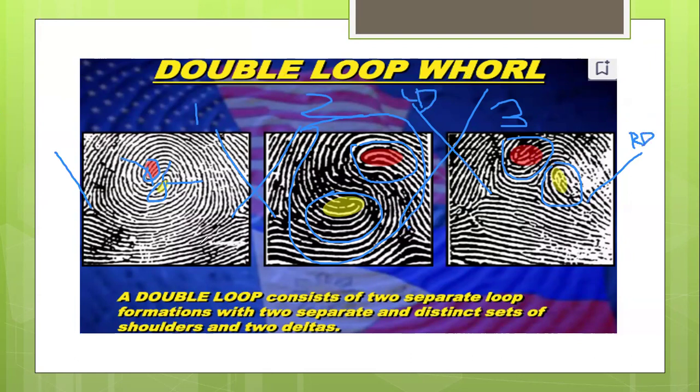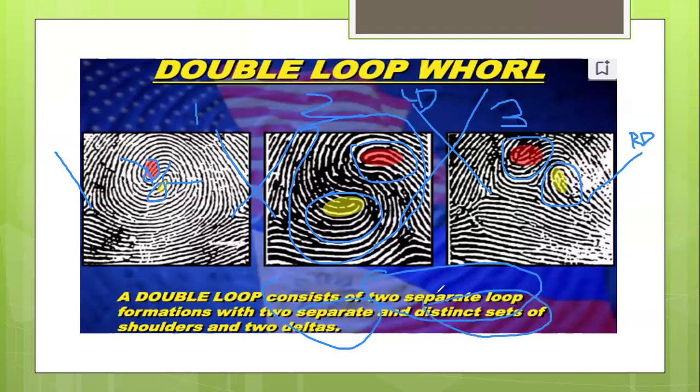So, anong requirements ni double loop whorl? It must have two distinct or separate loop patterns inside the pattern area. Each of the loop patterns must have their own shoulders. With that, it will now qualify as a double loop. Ayan.